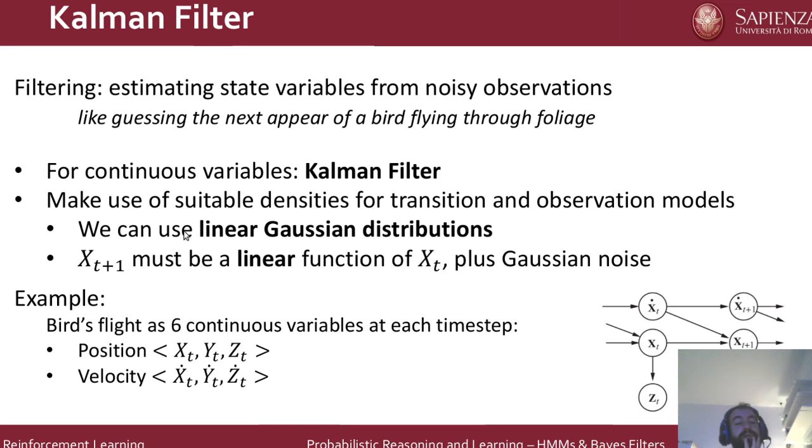Here we have a few other slides that are related to filtering. Specifically, one kind of filtering that you will find very commonly is Kalman filtering, where you're trying to estimate state variables from some noisy observations.